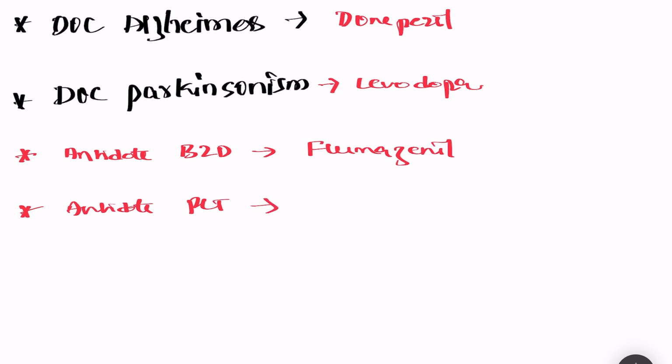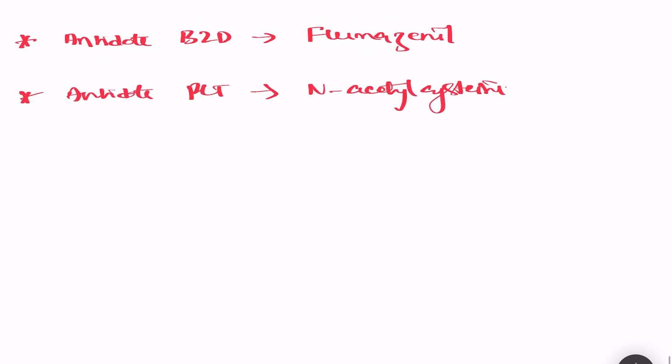Antidote for paracetamol will be your N-acetylcysteine. So which is the toxic metabolite which is associated? It is your N-acetyl para-amino benzoquinone imine, so it is NAPQI.